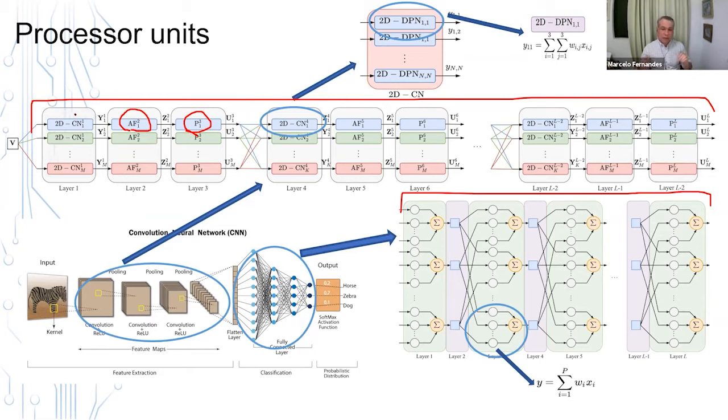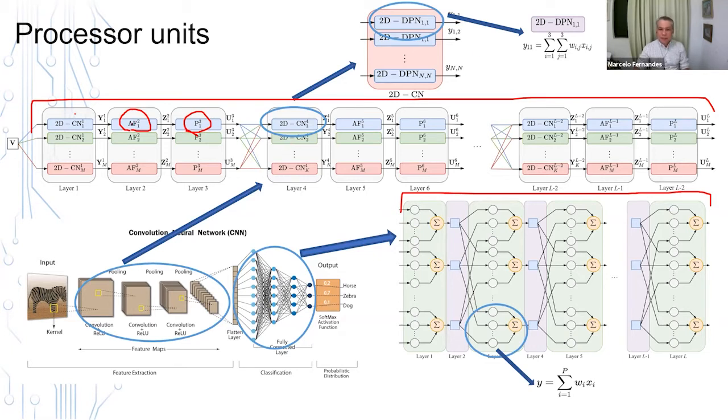So for the moment I'm going to forget these processors, the activation function and pooling, because for me now it's an easy part to do. Of course, you spend time to do that, but for now it's not important for us.